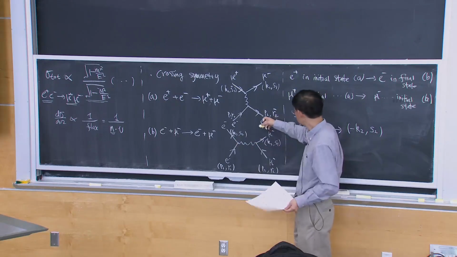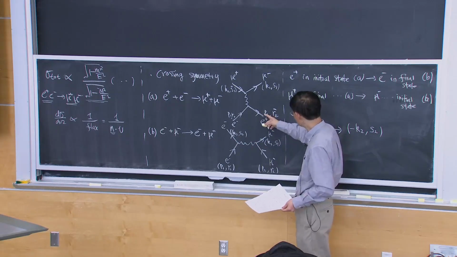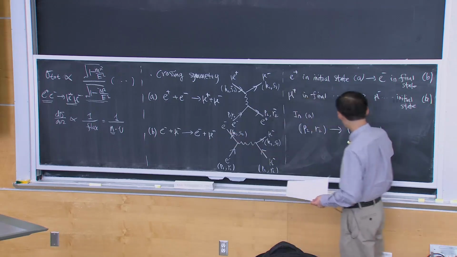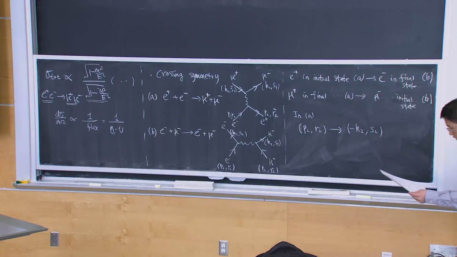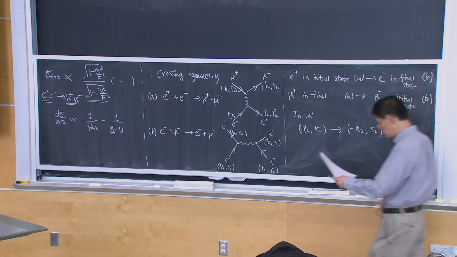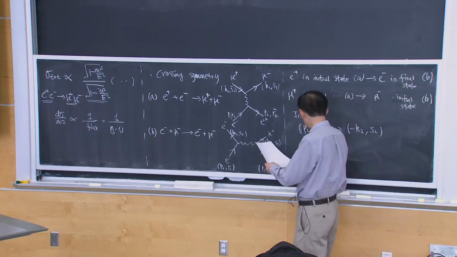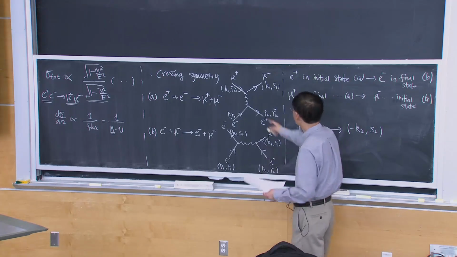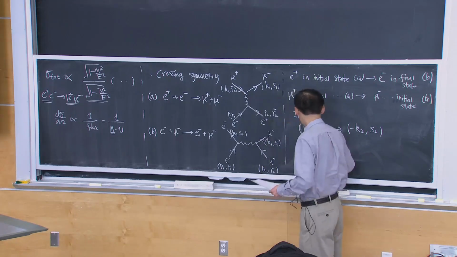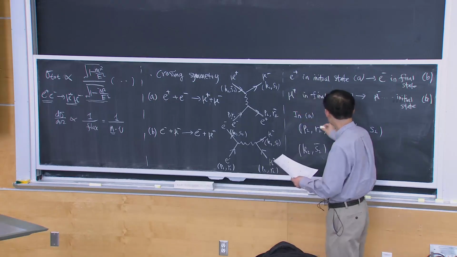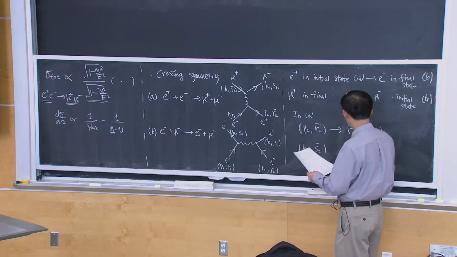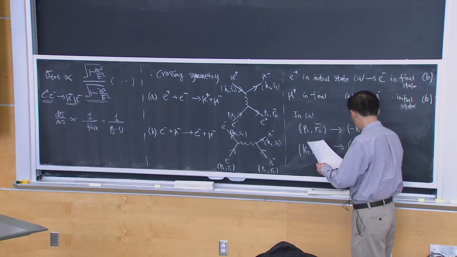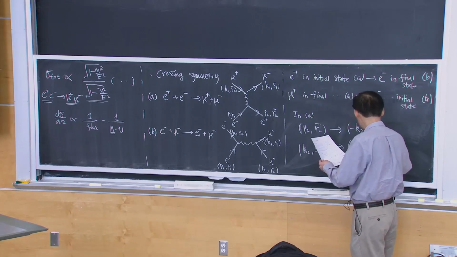So from the momentum direction, this is going in, and this will be going out, so we need to change the sign. Similarly for K2, S2 bar, and then go to minus P2, R2.